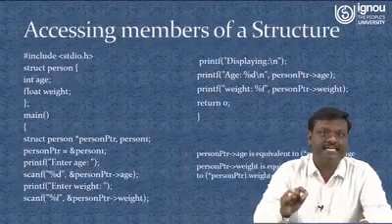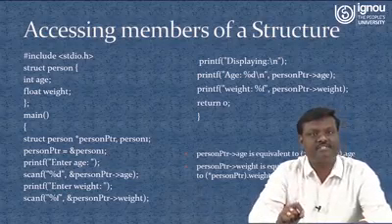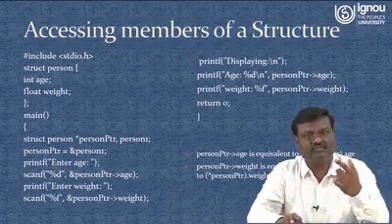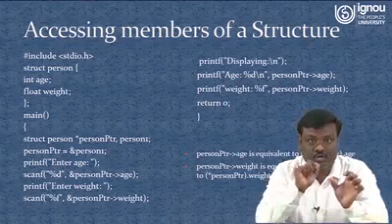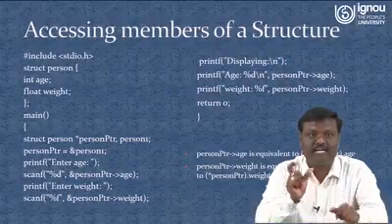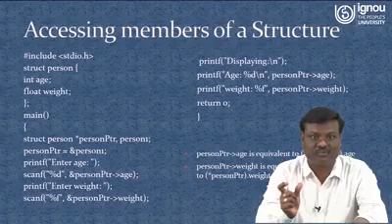Next thing is accessing members of a structure. In our previous case, we wrote the structure variable name, then the dot operator, and then the member that we want to access depending upon the structure we want to refer to.